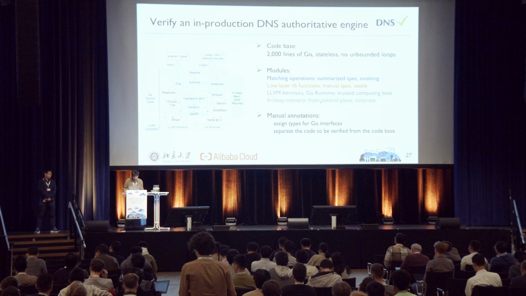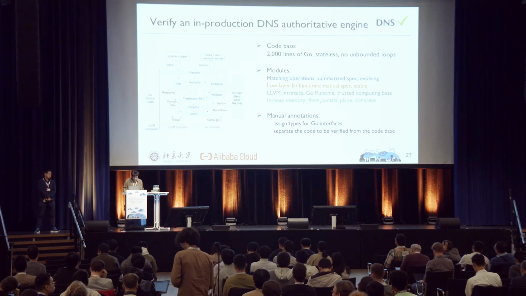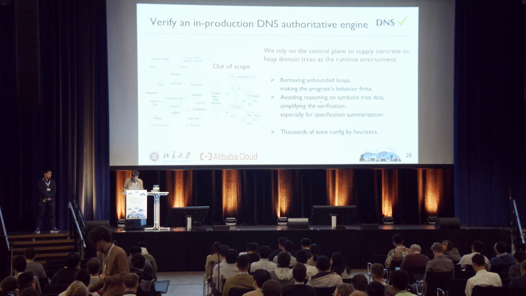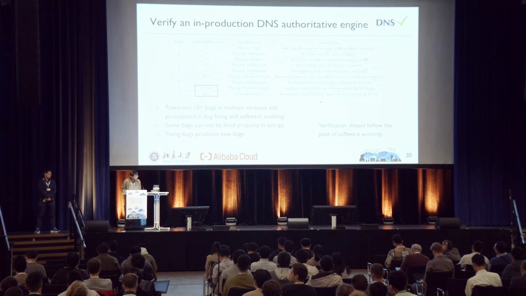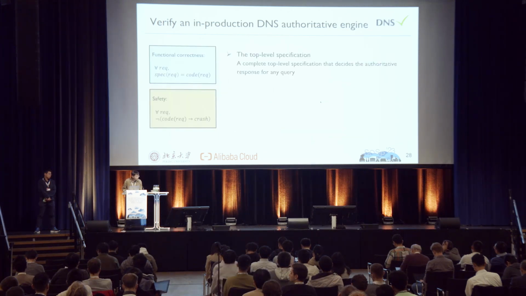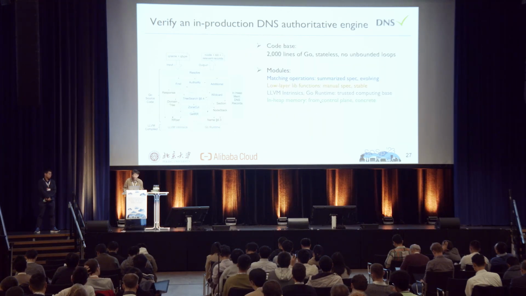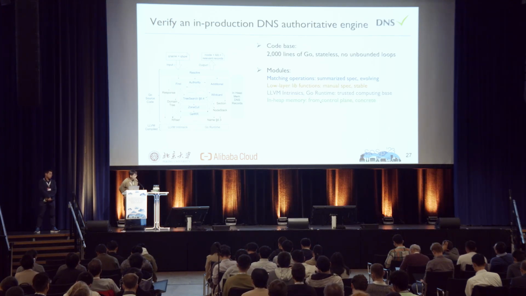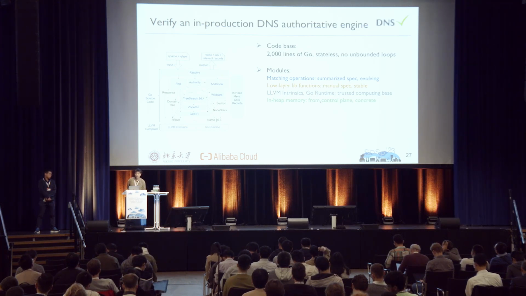Yeah. In this slide, we talked about the methodology of choosing where to use the summarization specification and where the manual specification. As you can see, the yellow boxes are relatively the lower layer lib functions, so they are very complex, but the opportunity is that they usually stay stable.